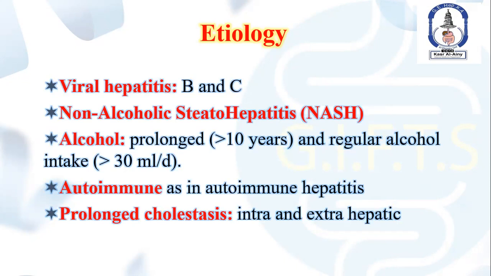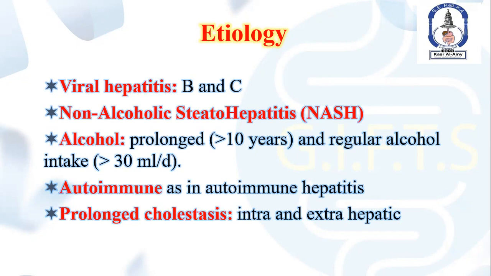And of course, this will be mentioned completely in another lecture. Of course, in Western societies, alcohol still plays a very important role in the development of liver cirrhosis, especially in those who have prolonged, regular, and heavy alcohol usage.